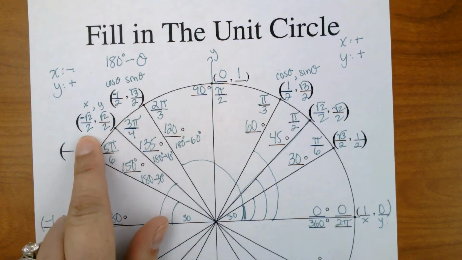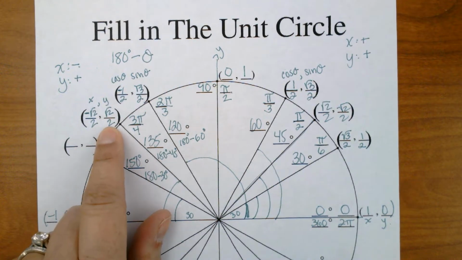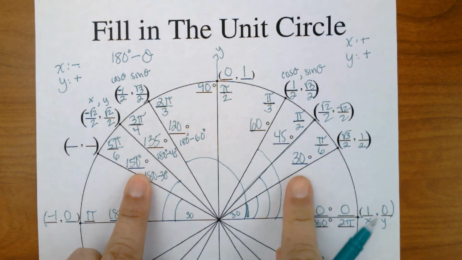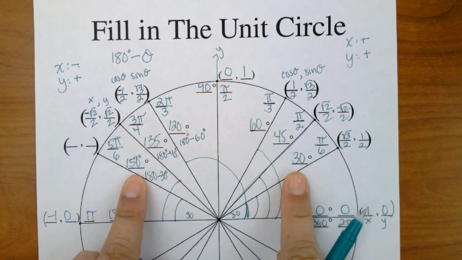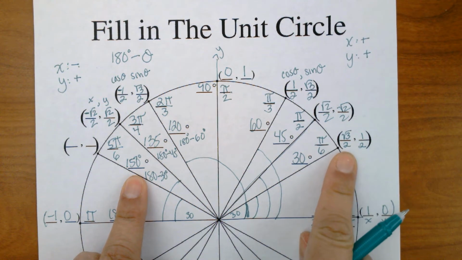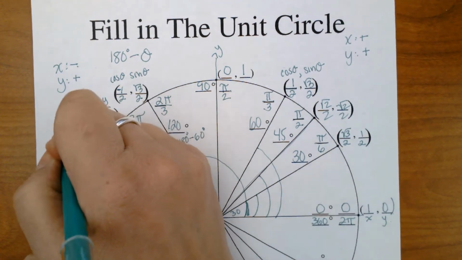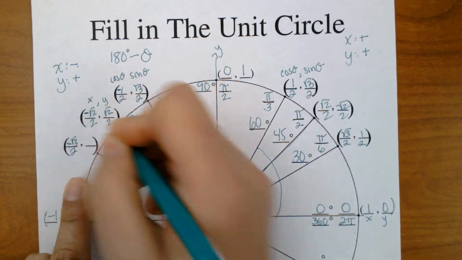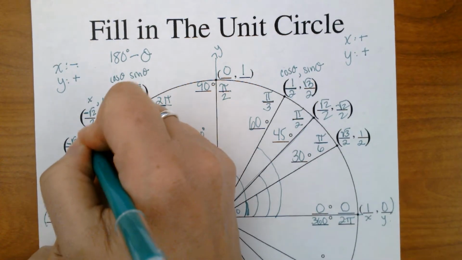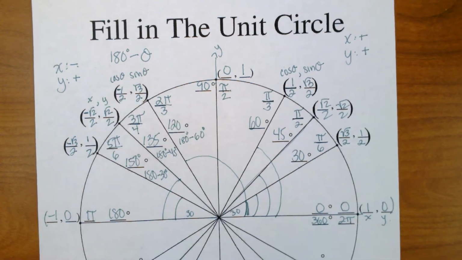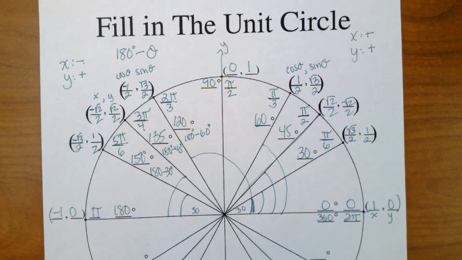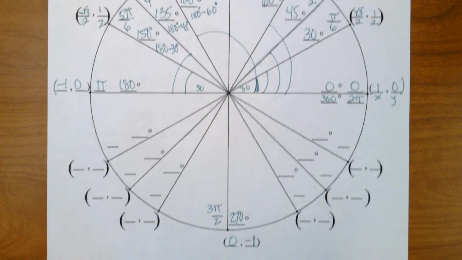So all of your cosine values in this quadrant will be negative. And again, 150 and 30 go together. So cosine of 150 would be negative square root of 3 over 2. Sine of 150 would be positive 1/2. It will always work out like that. I promise you.